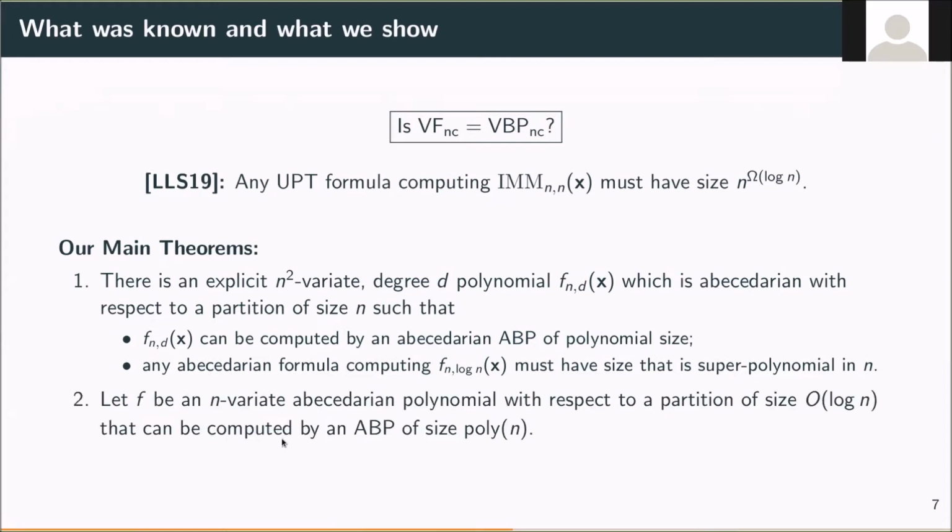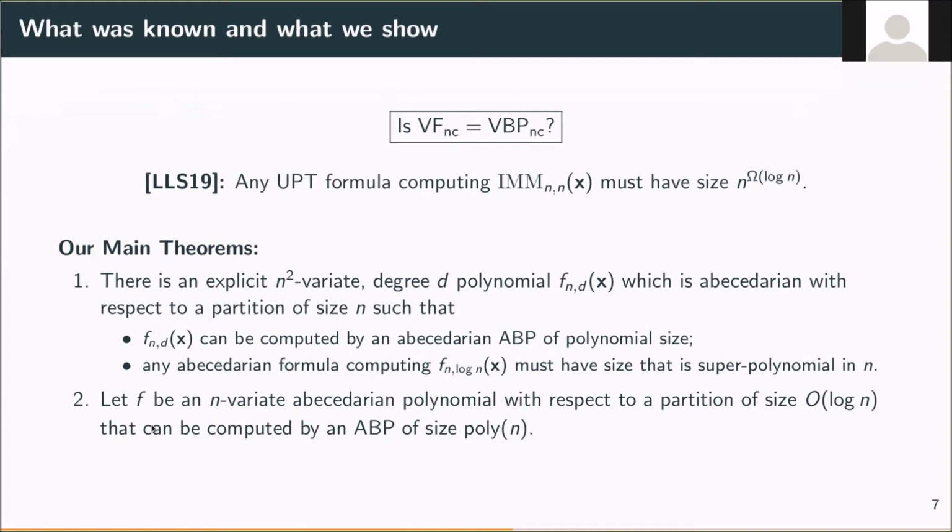Secondly, we show that suppose f is an n-variate polynomial that is ABCD with respect to a partition of small size, of size order log n, okay, where n is the number of variables, and suppose it has a small ABP complexity. Then showing a super polynomial lower bound for it against just ABCD formulas is enough to separate VF and VBP in the non-commutative setting.